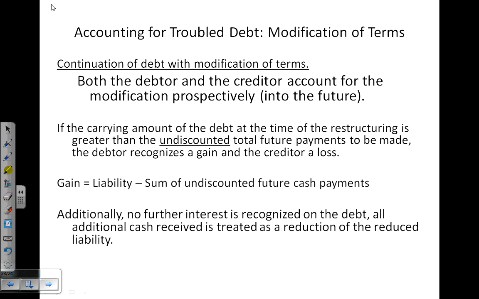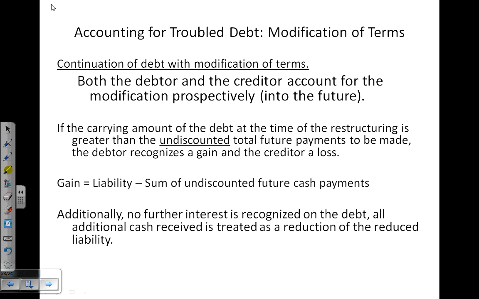And the gain is equal to the liability minus the sum of the undiscounted future cash flows. The key is that no further interest expense is recognized on the debt. All additional cash received is treated as a reduction of the reduced liability.